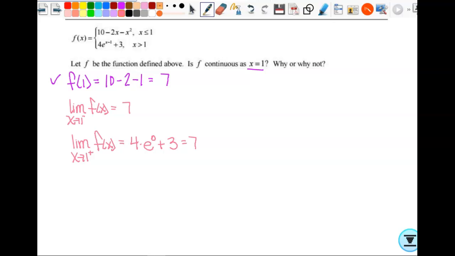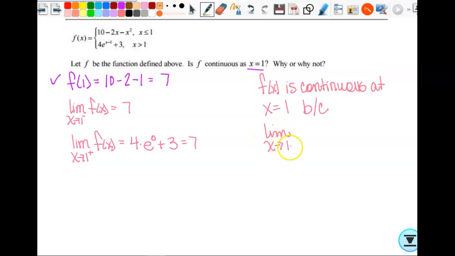All right, so I can say f of x is continuous at x equals 1 because the limit as x approaches 1 of f of x equals f of 1, which equals 7.